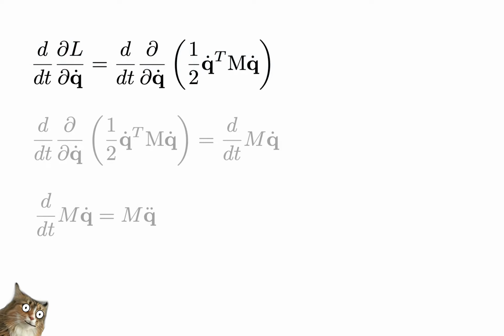Once again, we're going to start with our quadratic kinetic energy, compute the derivative with respect to q dot. Finally, we take the time derivative, again exploiting the fact that the mass matrix M is constant. And we end up with what by now should be a very familiar term.